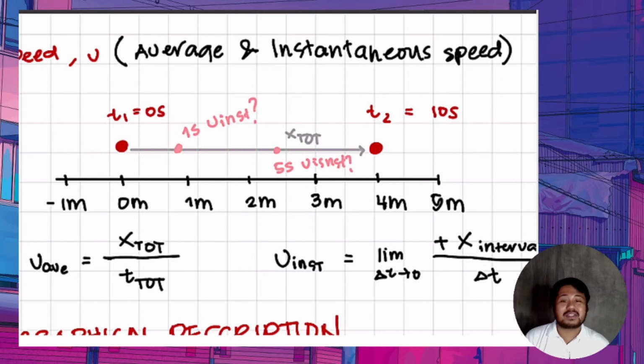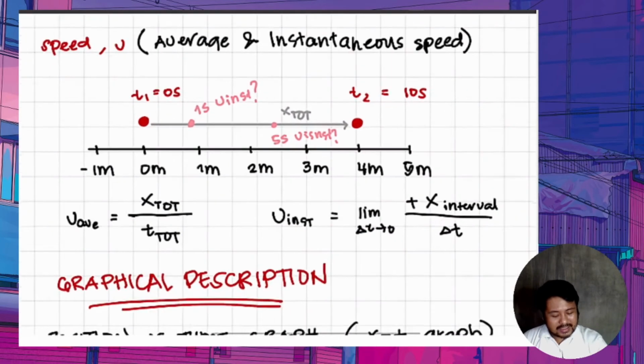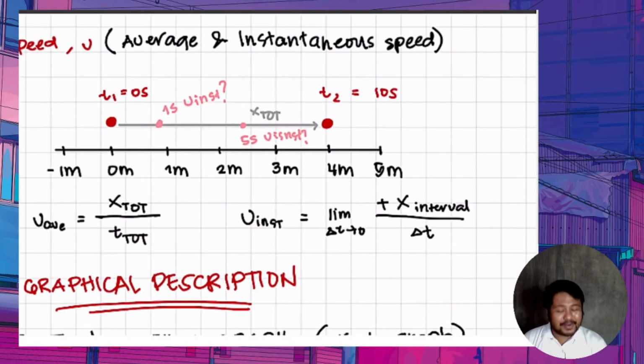It's very specific. Okay, so it is as if na paliit ng paliit ang ating interval na kino-consider. That's why our instantaneous velocity, sinasabi natin, it is the change in x divided by delta t wherein the limit of delta t is approaching 0. Later on, sa graphical description, you'll realize that ganito pala ang ibig sabihin yan.